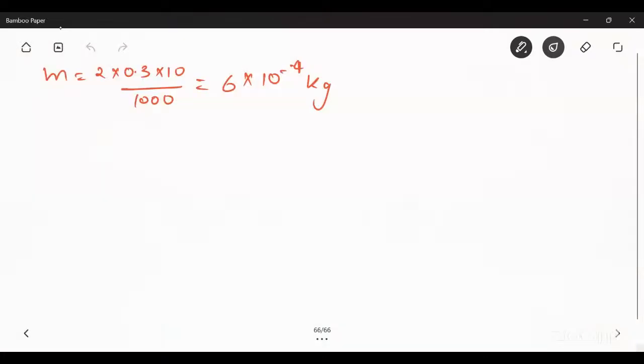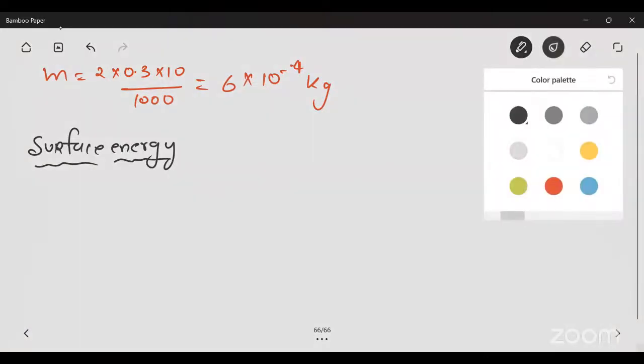Now come to the next topic, that is surface energy. So what is surface energy?